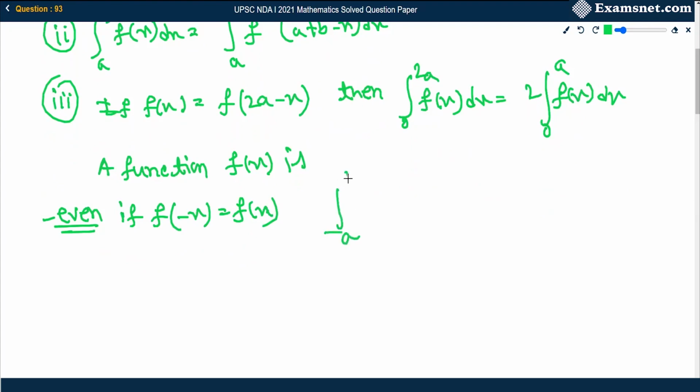Like the integration from -a to a of f(x) dx.